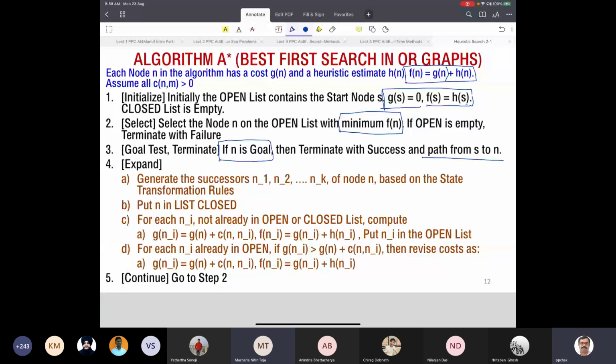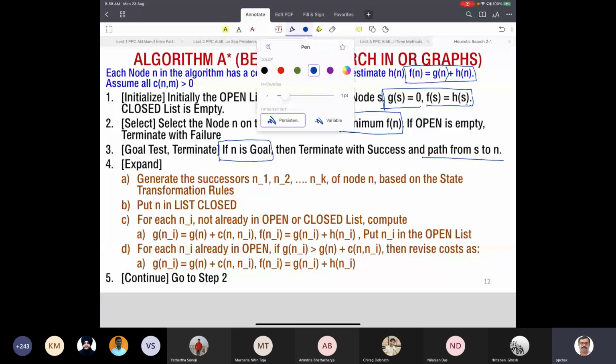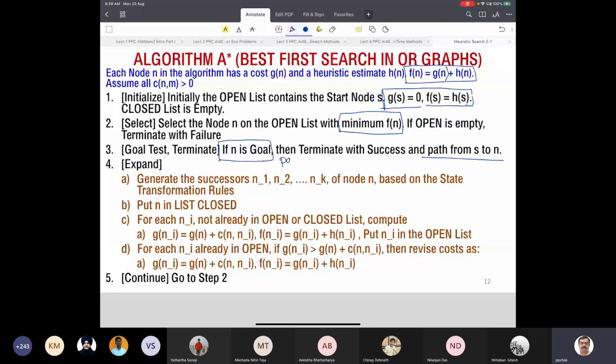So in order to trace back, we need to maintain one more data structure, which is called the parent of N, or Pn. Pn is the current best parent of N. And what does the current best parent of N determine?